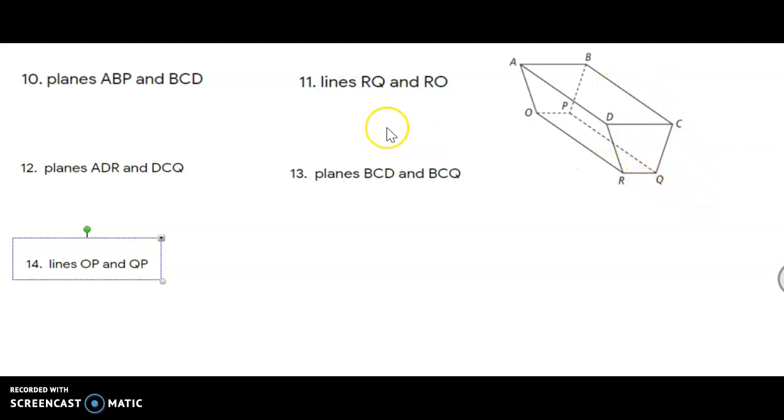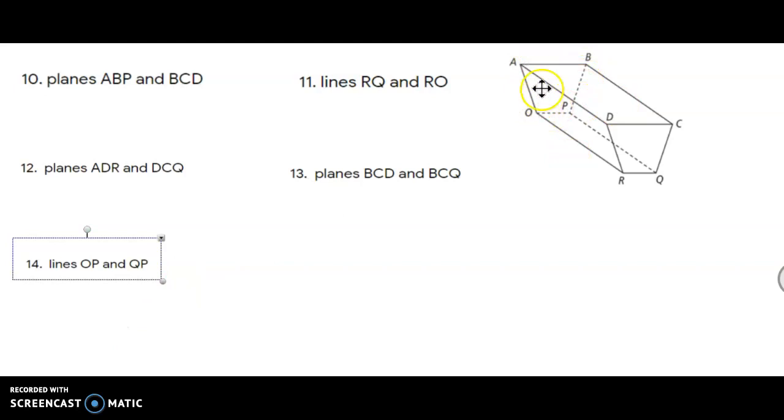The intersection of planes ABP and BCD, right? So you got to really look at it kind of carefully and visually here. ABP, depending on how you're seeing it, I'm seeing it as the back end, right? ABP, and BCD looks like the top, right?